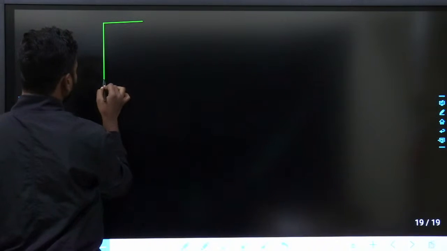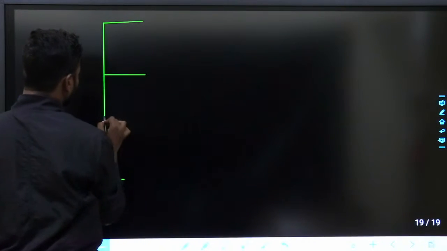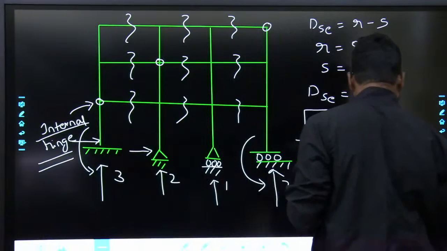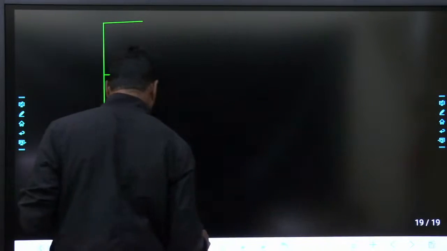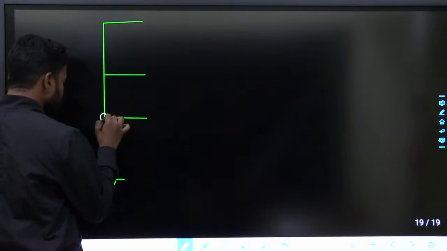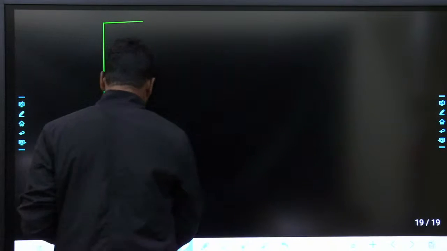1, 2, 3, right? And here there is a hinge, internal hinge.